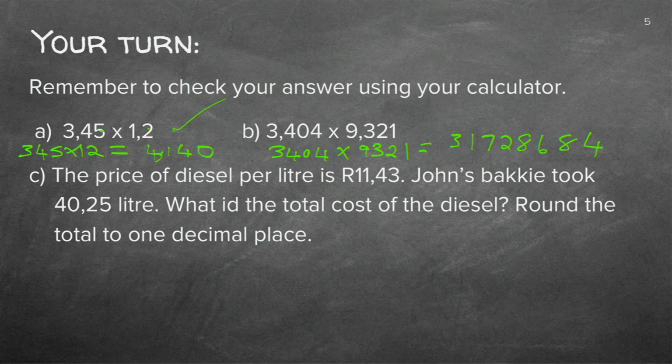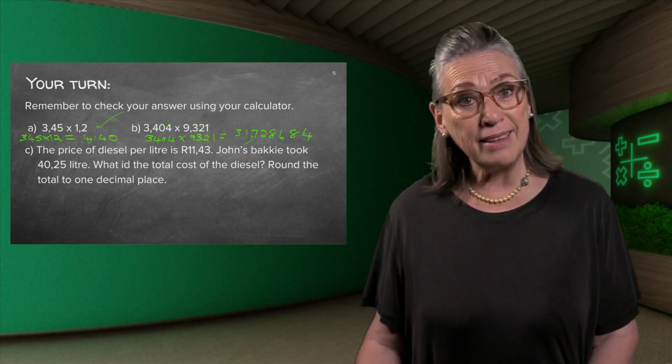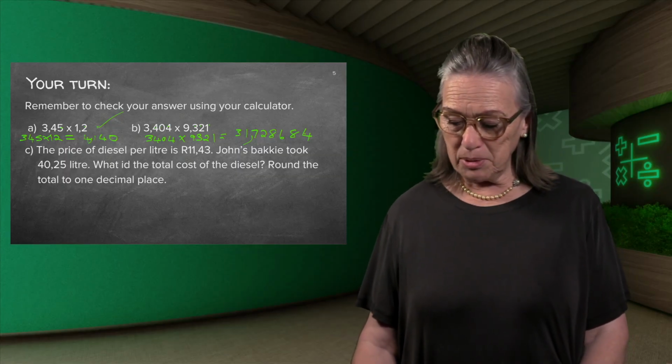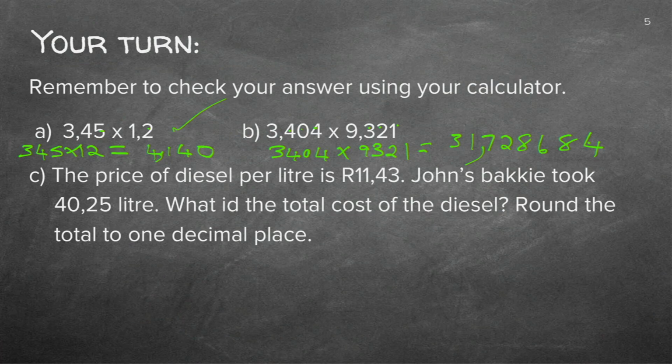Count with me. 1, 2, 3, 4, 5, 6. So we're going to put that back. 1, 2, 3, 4, 5, 6. And our answer is 31,728684.